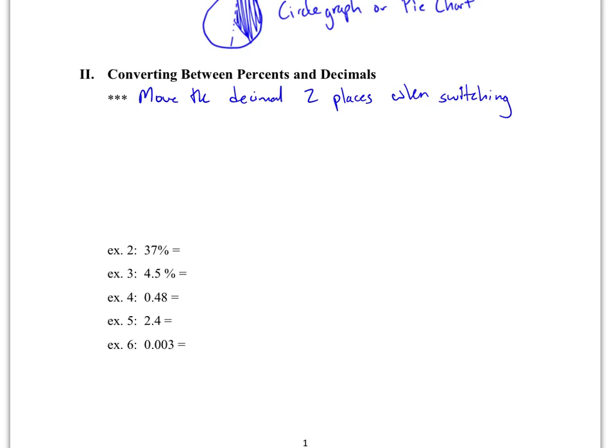Because there's 2 zeros. We're going to move the decimal 2 places. So 50% is the same as 0.50. Or you could say 50 over 100. Okay? Just keep that in mind.